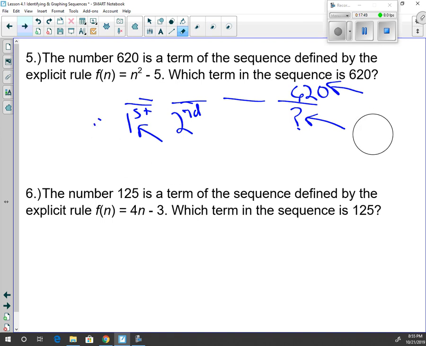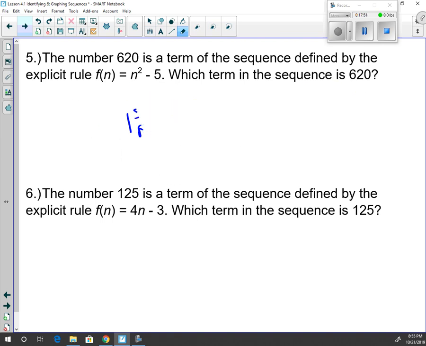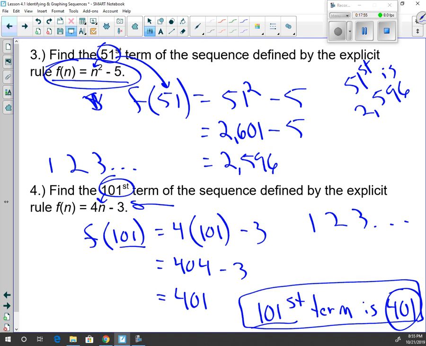Well, if we look at the previous examples, we said that f of 51 ended up being 2,596, right? So couldn't I have just also said that 2,596 is equal to the 51st term squared minus 5?